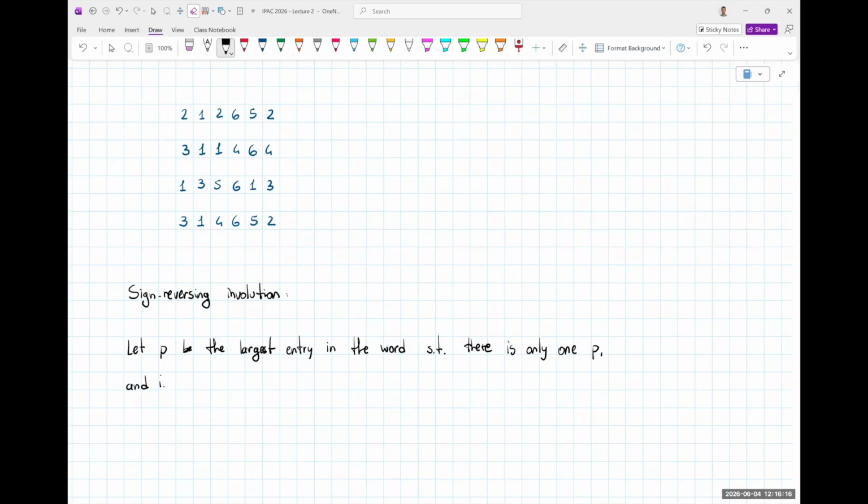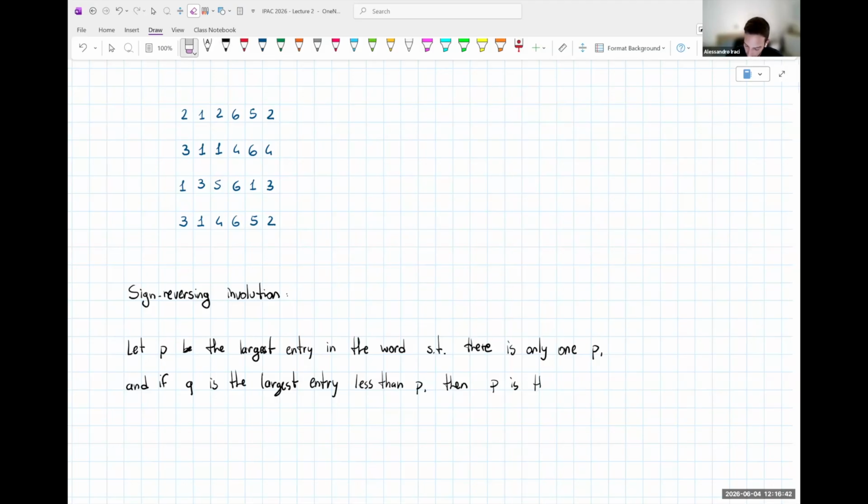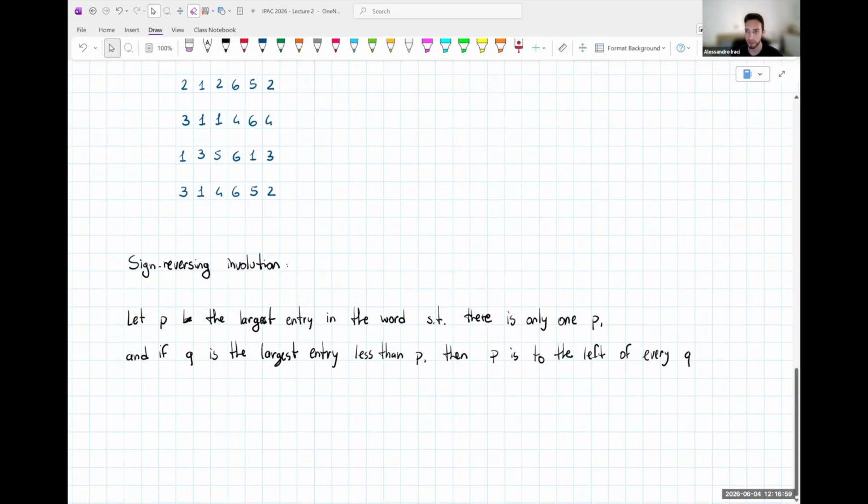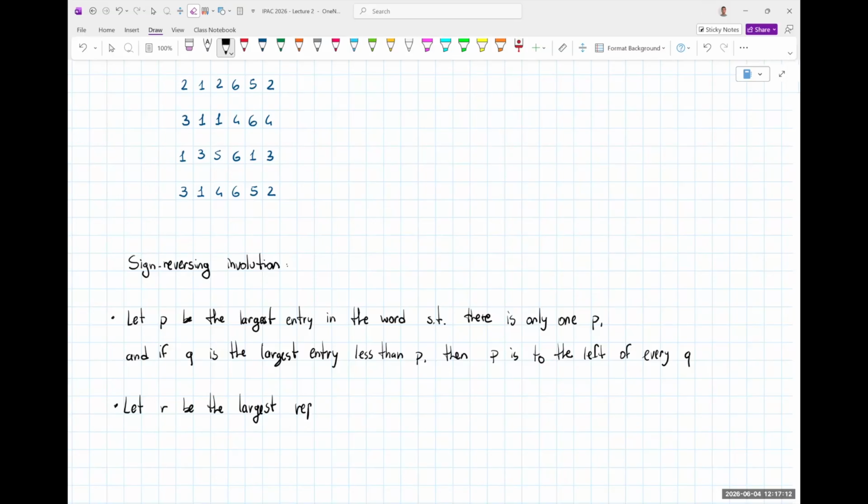And if Q is the largest entry less than P, then P is to the left of every Q. There might be no such entry, but if there is one, that's what we call P. And then we let R be the largest repeated entry in the word.